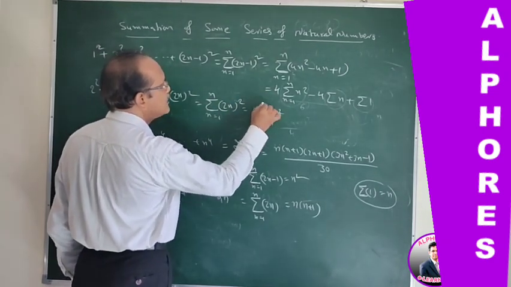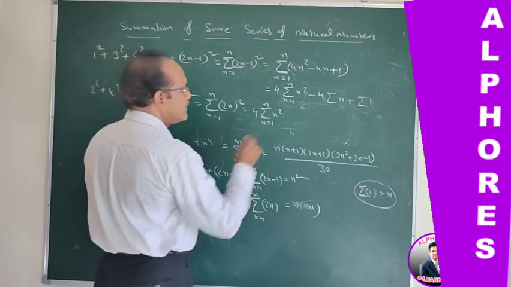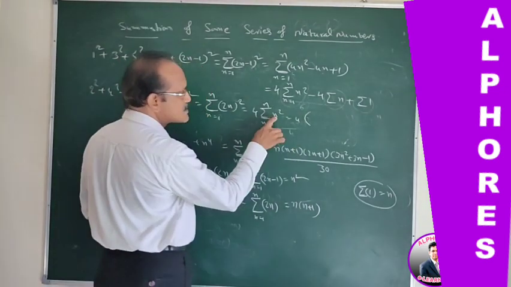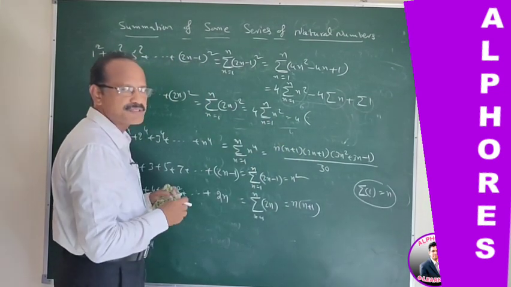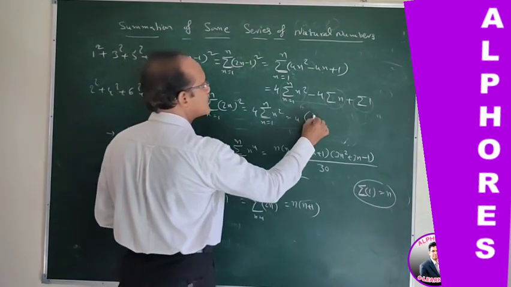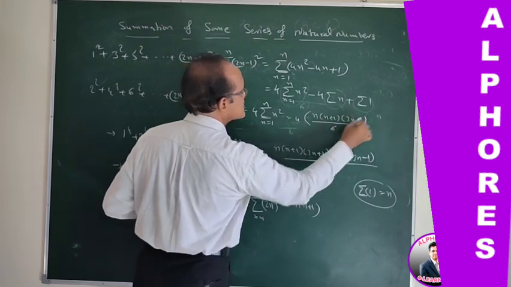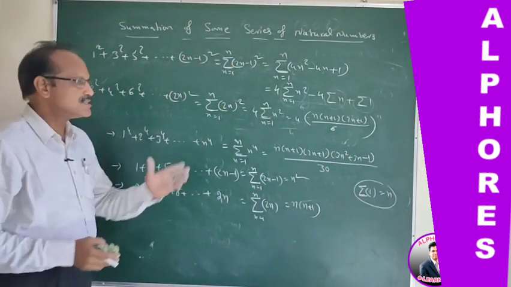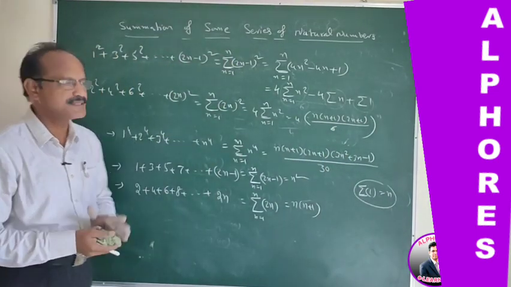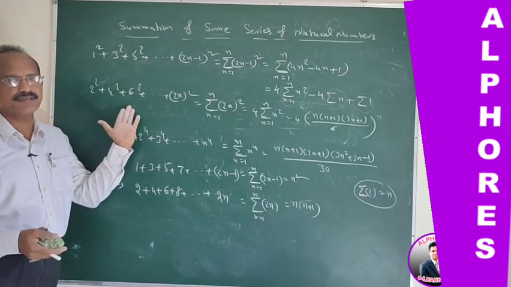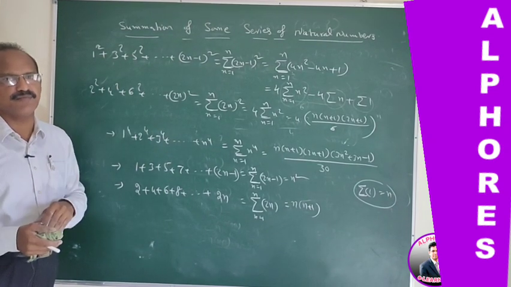Sigma n square means the sum of the squares of the first n natural numbers, that is nothing but n into n plus 1 into 2n plus 1 by 6. So you can simplify this easily. This is the procedure for finding the sum of the squares of the first n even natural numbers.